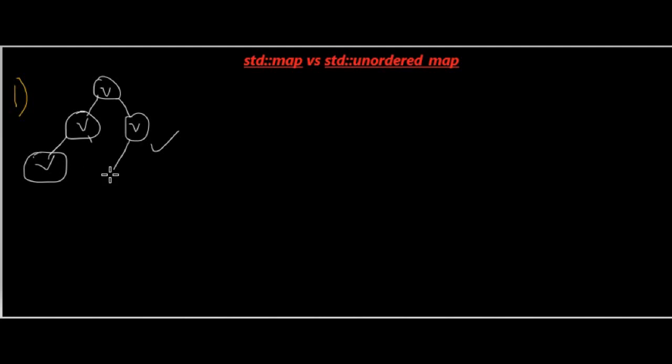Now if we do something like this, adding here while leaving this empty with no right nodes, then this is not balanced. So this is how std map is actually implemented. The correct way will always be something like this.